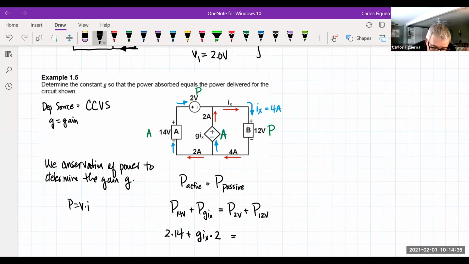Then the 2 volt: 2 amps goes all the way around, so that's 2 amps coming in here, and that's going to be 2 times 2. And when I get to the 12 volt, I'm going to get 12 volts, and then I have IX, but IX is 4.